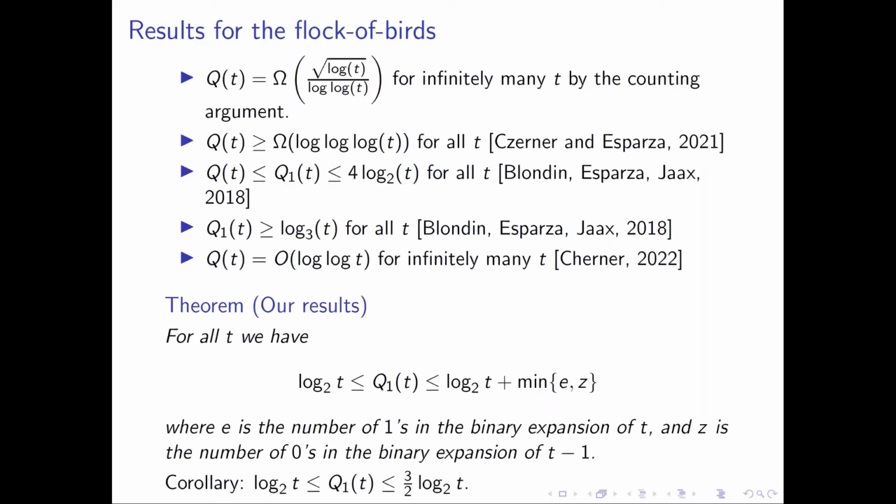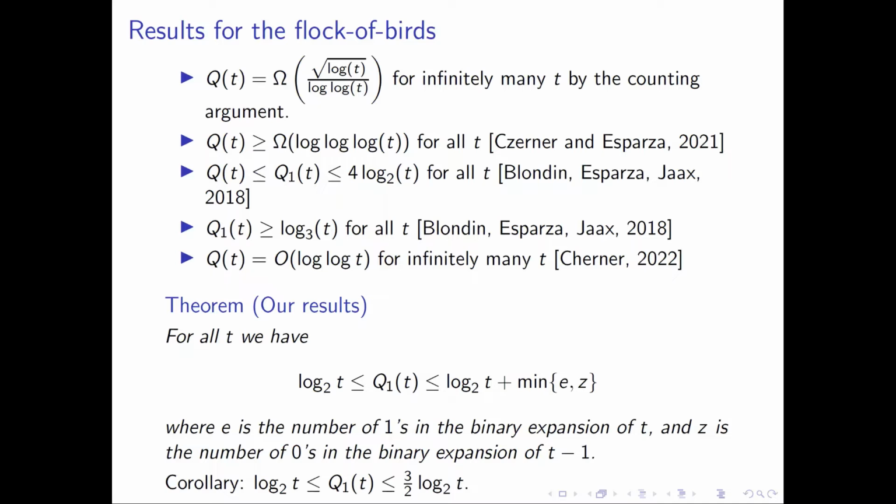But of course, for these specific problems, there are a lot of other results, which, for example, there is a simple counting argument that shows that Q of t is polylogarithmic in t for infinitely many t. But more precisely, it is at least square root of log t up to some log factors for infinitely many t.